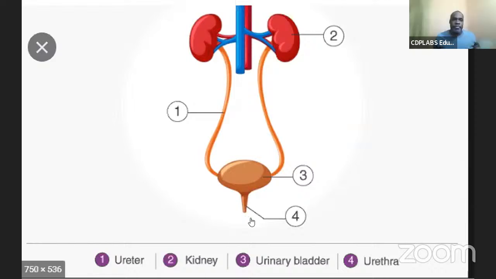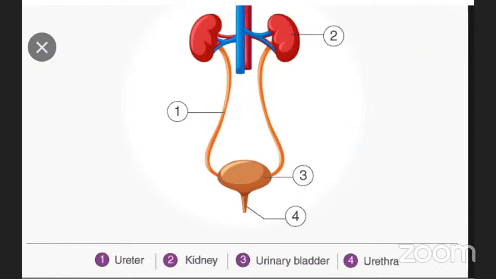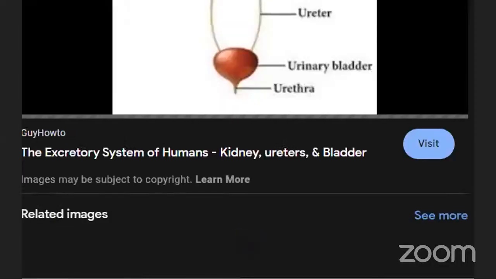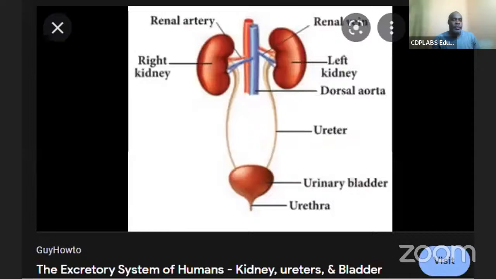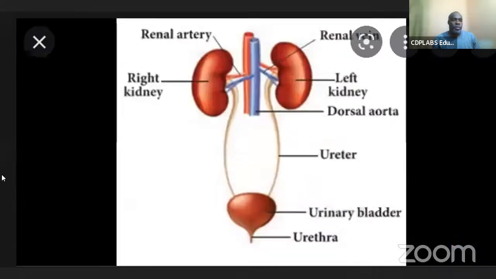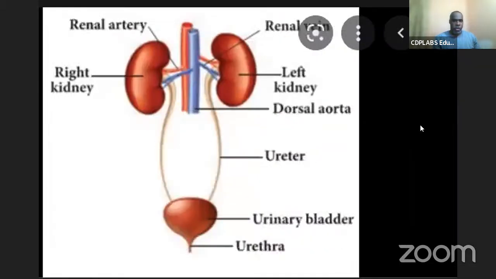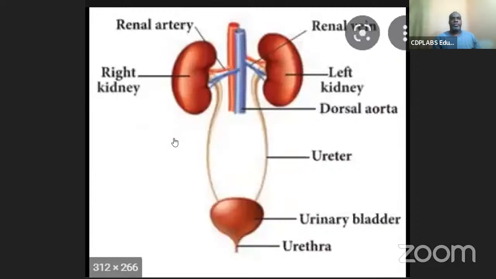Good. Fine. And let me show you. So here's a labeled one, and you're supposed to know it. You're supposed to pick it up for yourself. Now, you have to know that the renal artery is this one. You have the other one, the renal vein.